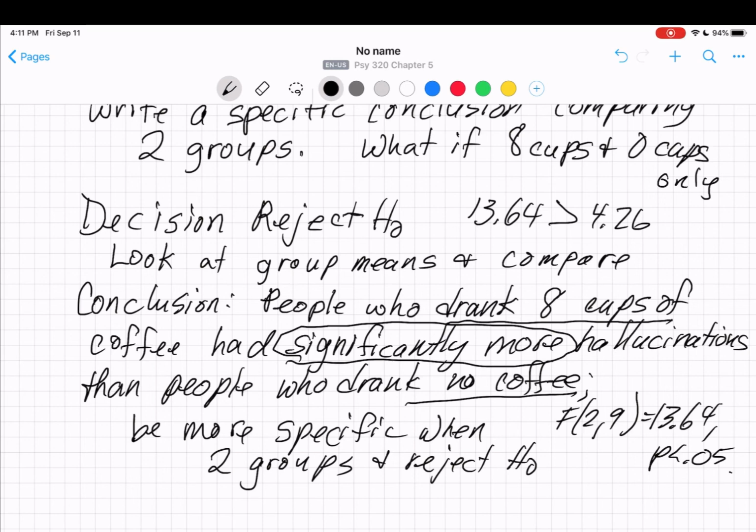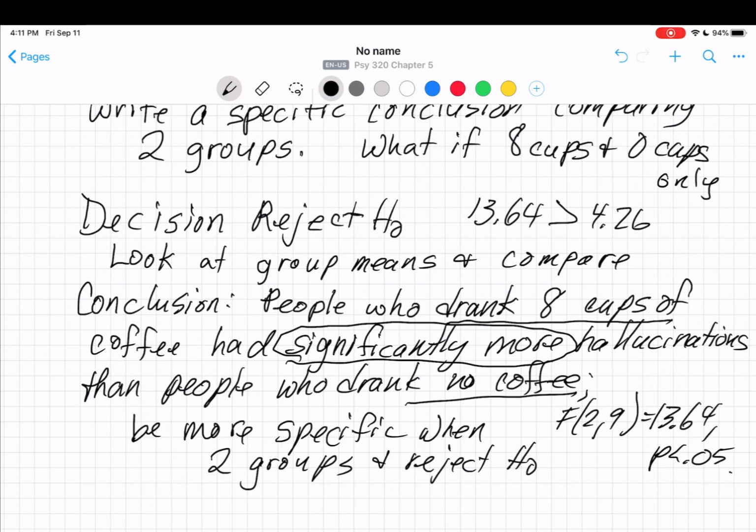Because you don't know which groups are different from each other based on the F statistic, okay? However, when you have only two groups, you know they're different if you reject the null hypothesis. And so you want to talk about how they're different in your conclusion, all right?